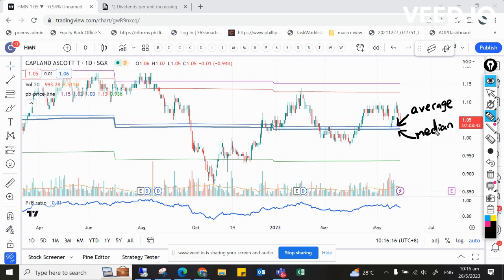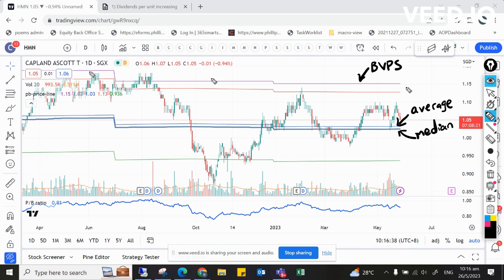You can see that they are quite similar. The purple line here is the book value per share. So we can see how it moves. Recently it has been coming down from here, the book value per share. You can tell that it has been coming down.